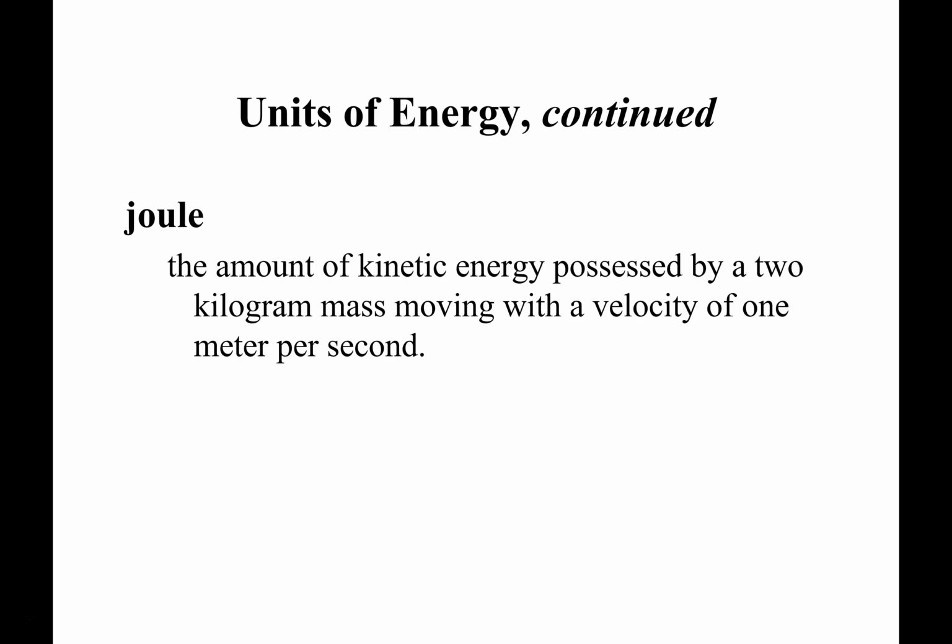Well, a joule, and it's weird to see that in lowercase. Actually, to abbreviate it, it's a capital J. And I can draw a picture for this too. If you want to know what a joule is, then all you got to do is take a 2 kilogram mass. So here's my box again. In this case, it's not 1 gram of water.